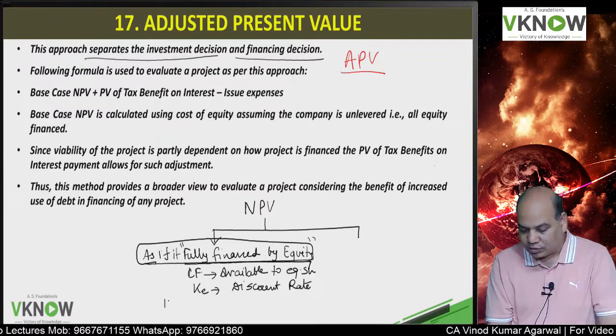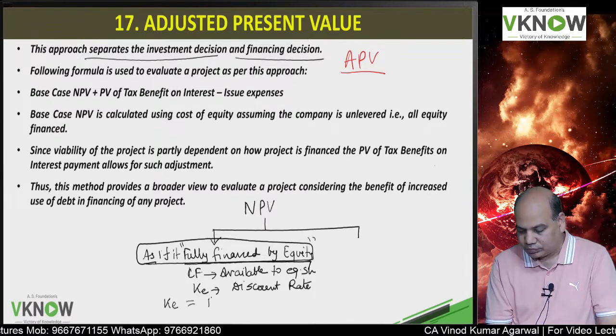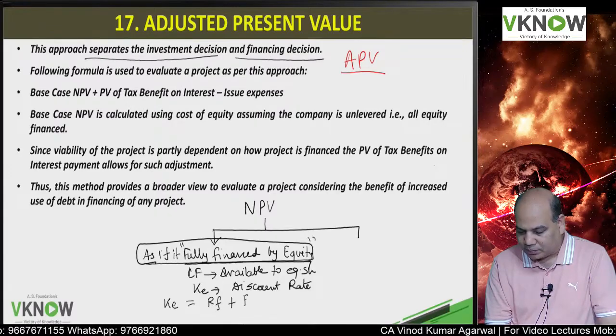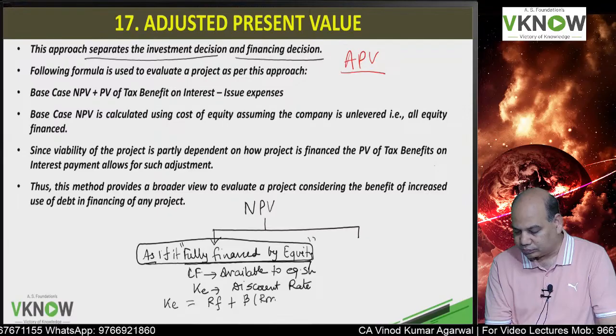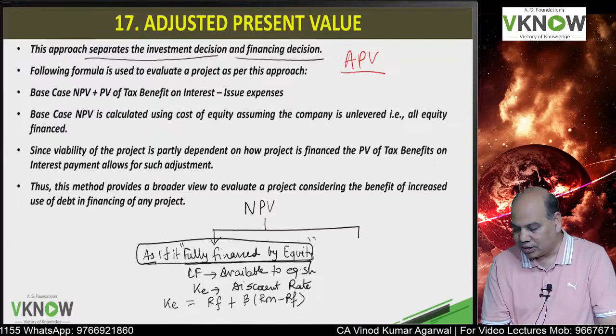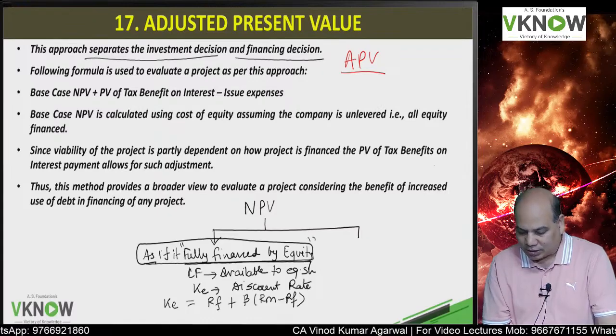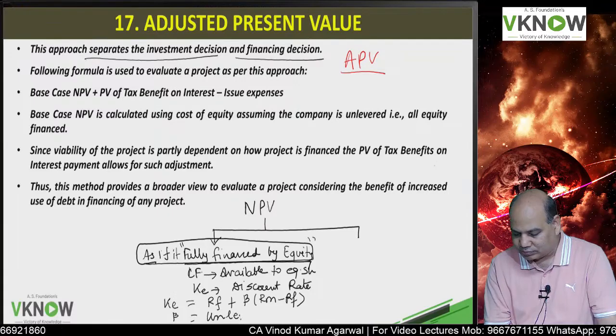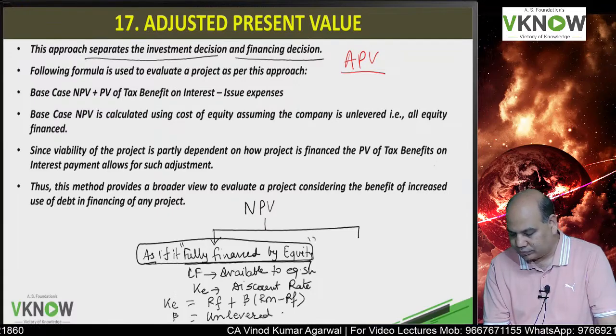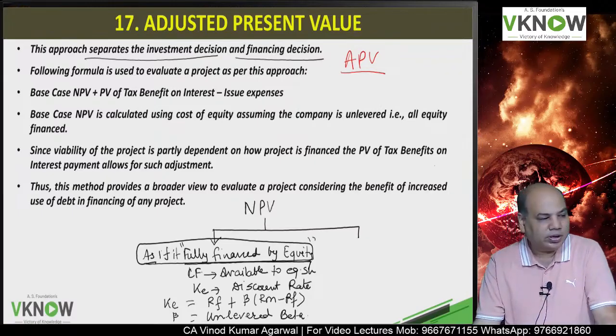And for cost of equity, if required, use the CAPM formula: RF plus beta into (RM minus RF), and beta will be unlevered beta.